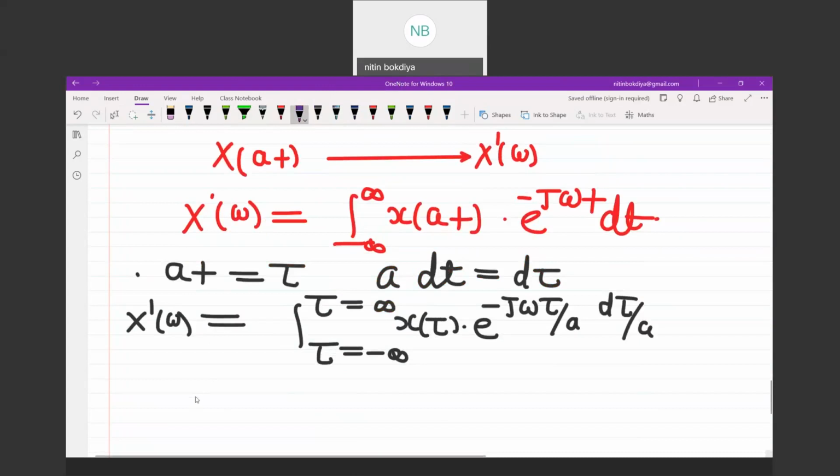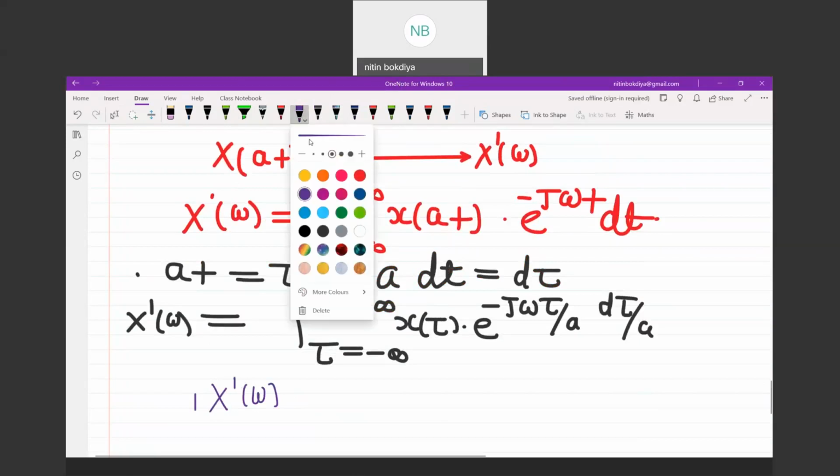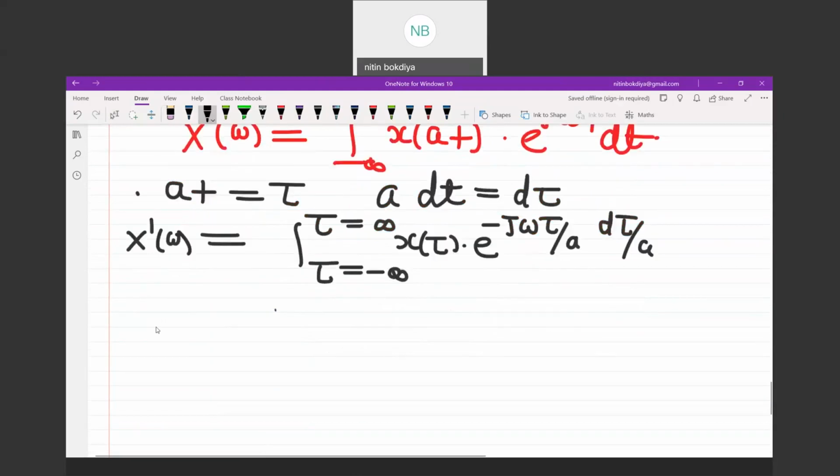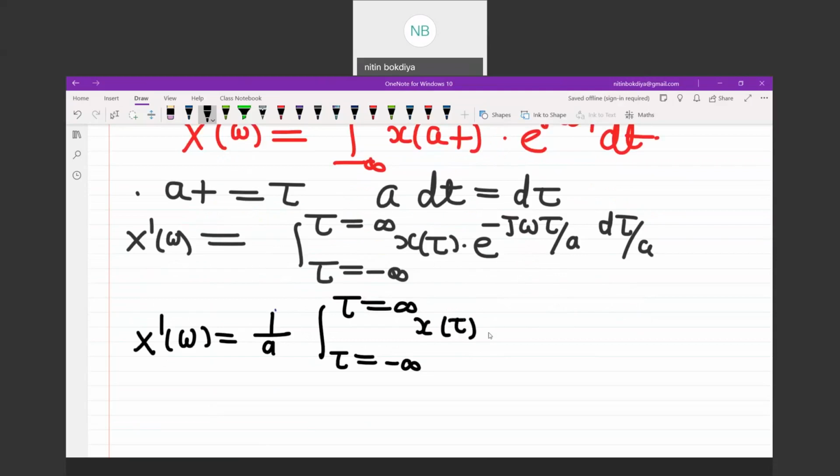So we can say x prime of omega is 1 by a, tau from minus infinity to infinity, x of tau and e to the power minus j omega by a into tau d tau.